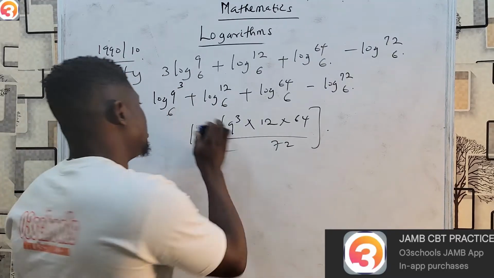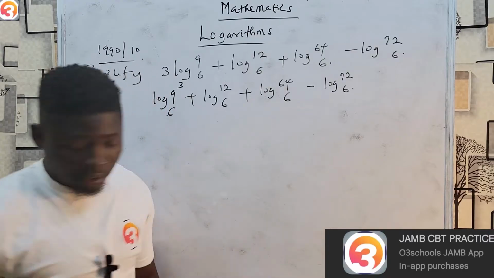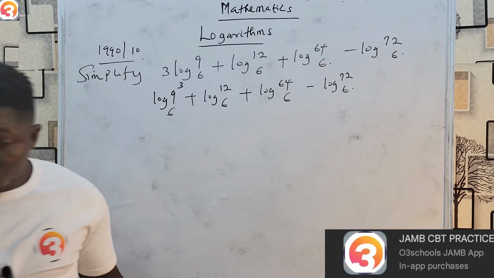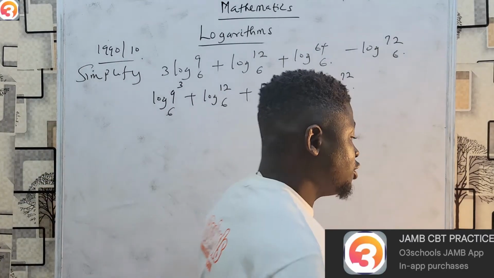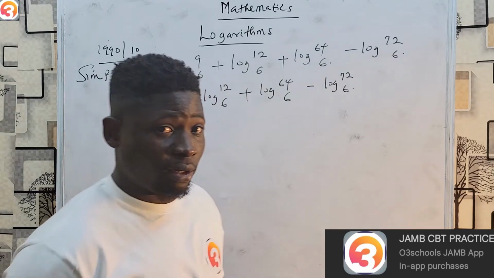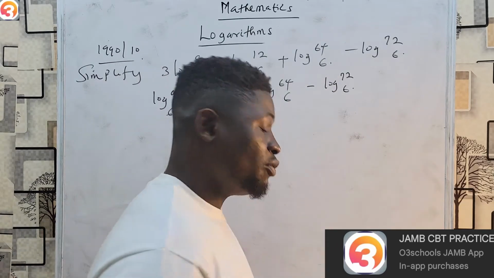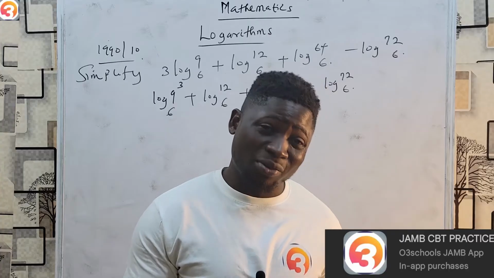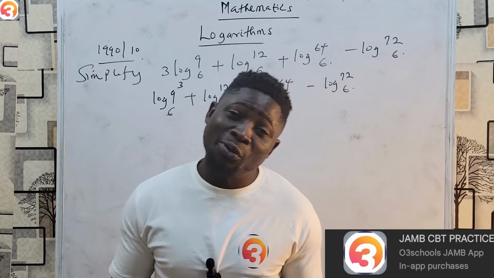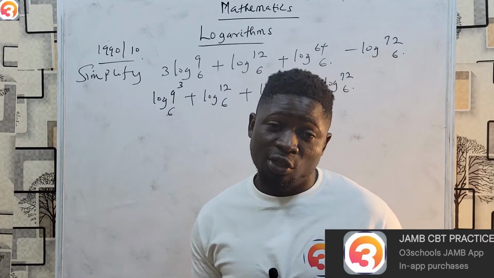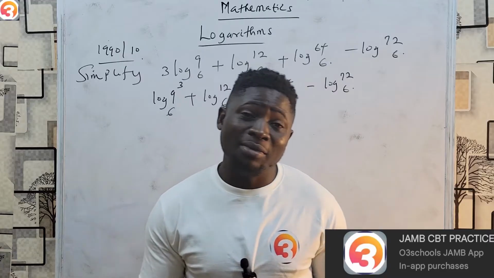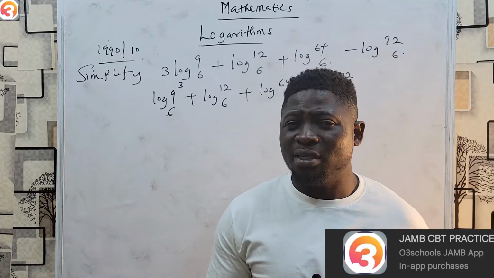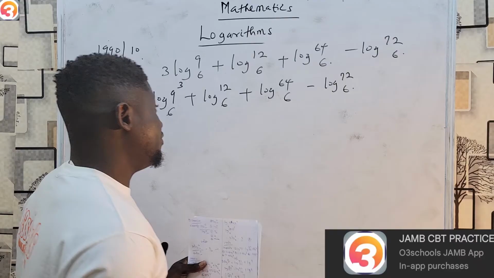But let us do it clearly so that everybody sees it now. Because in your exam hall, you have to be fast, and you have to be accurate also. JAMB wants to test your speed, and they want to test your accuracy. There will be no need for speed if you are failing all the questions. So you have to be very accurate even while trying to be very fast.